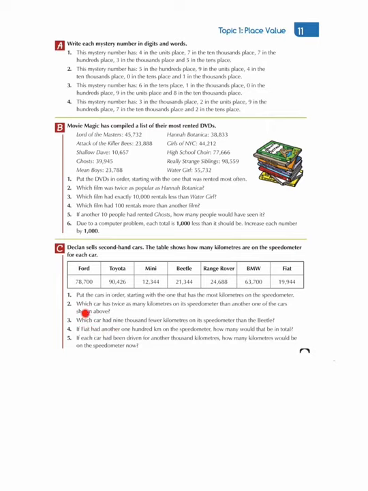Okay, which car has twice as many kilometres on a speedometer than another one of the cars? So you're looking for something that has twice as many. So if I'm starting with the Ford, something would have to have 39,350. Okay, it's 78. Half of 78 is 39,000. And I don't have anything like that, so it's not going to be the Ford.